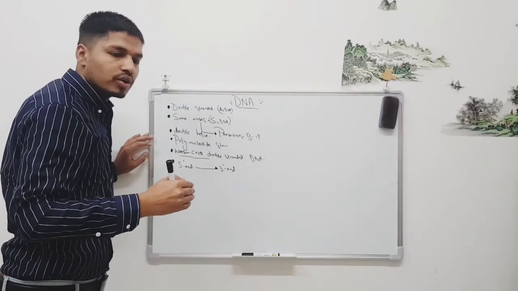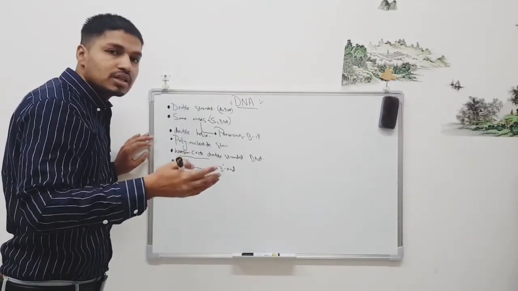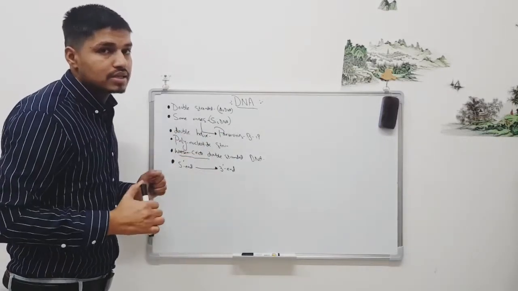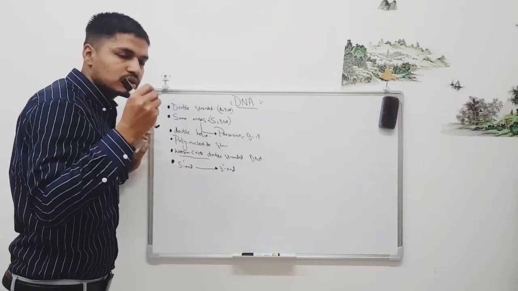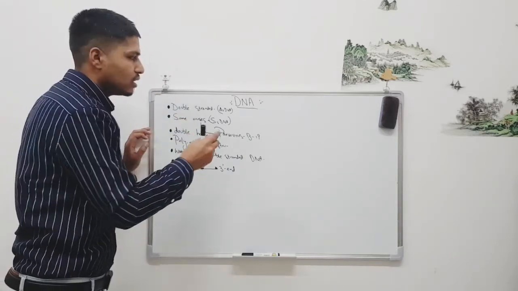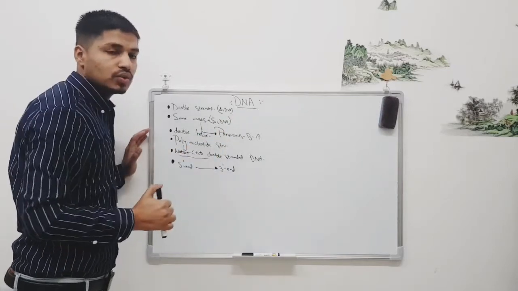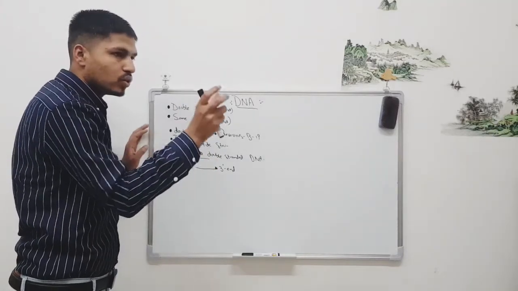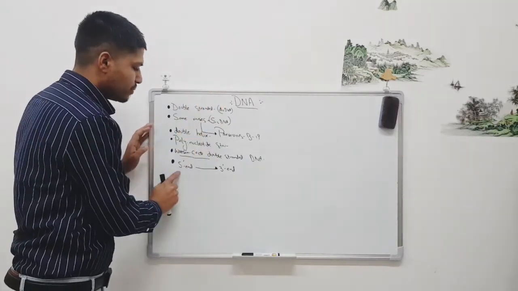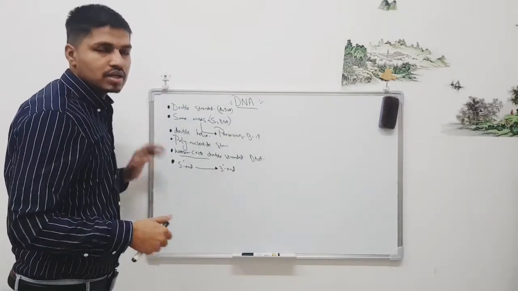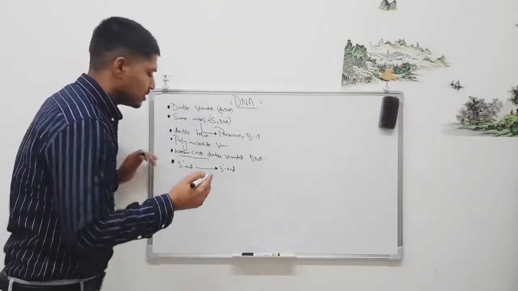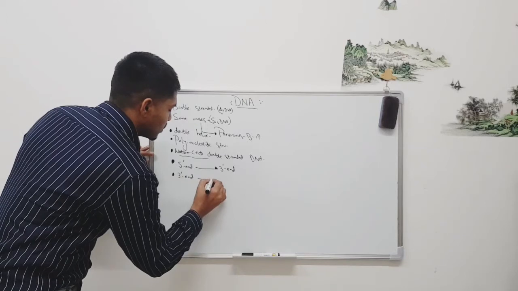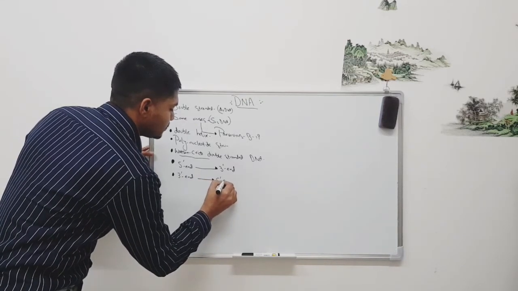Sometimes in the books or in the exams, the examiner or the writer will not let you know how you can read or synthesize the DNA molecule. So if there is no information about it, you have to imagine that you read or synthesize that code or those base pairs in 5 prime end to 3 prime end. And if the writer tells you, then it would be either in 3 prime end to 5 prime end.